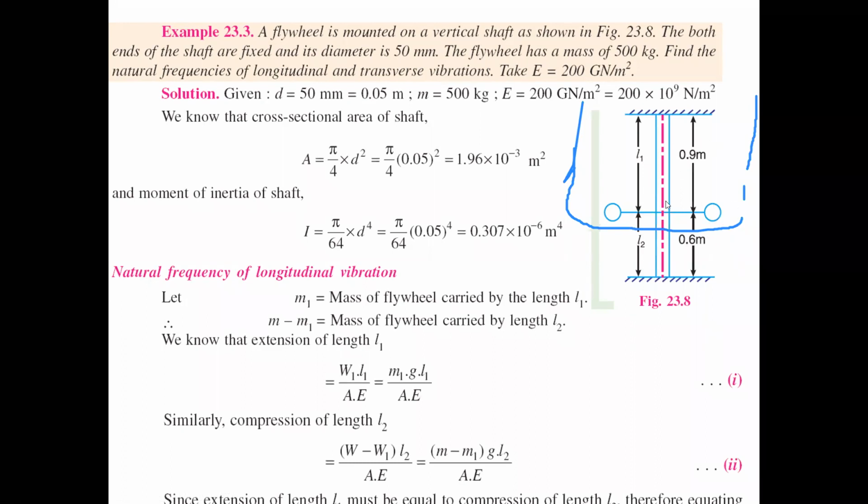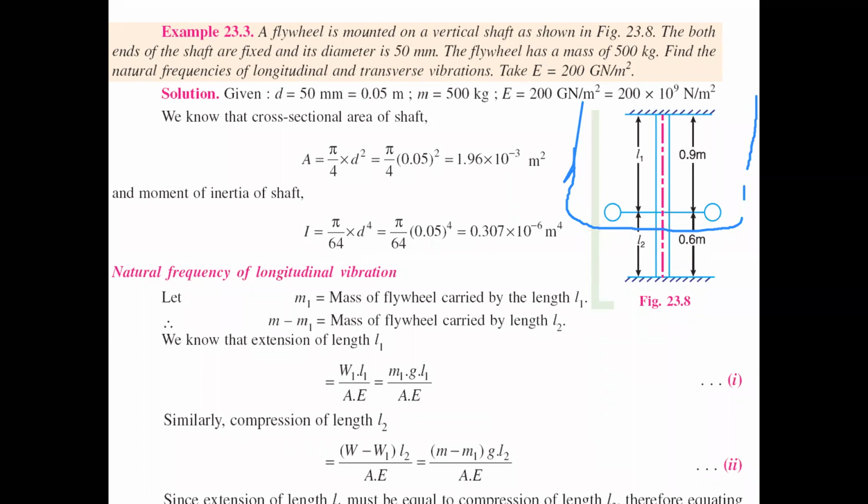Then it seems to be our cantilever type, and the flywheel mass is carried by the particular length. When it is carrying some load, the flywheel mass, it will definitely have some extension, some displacement.